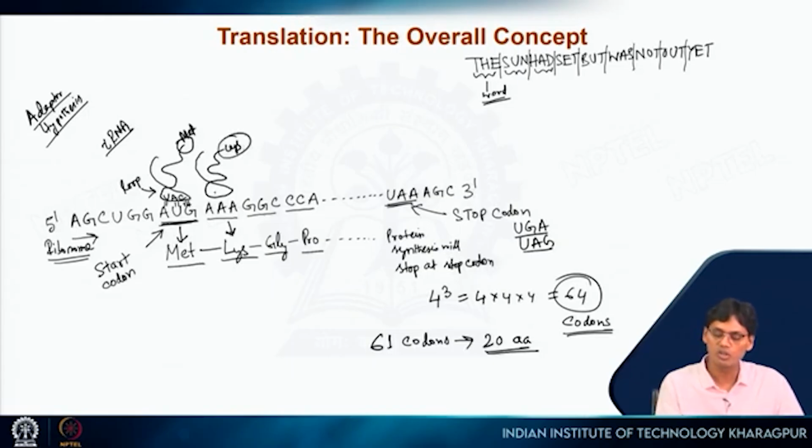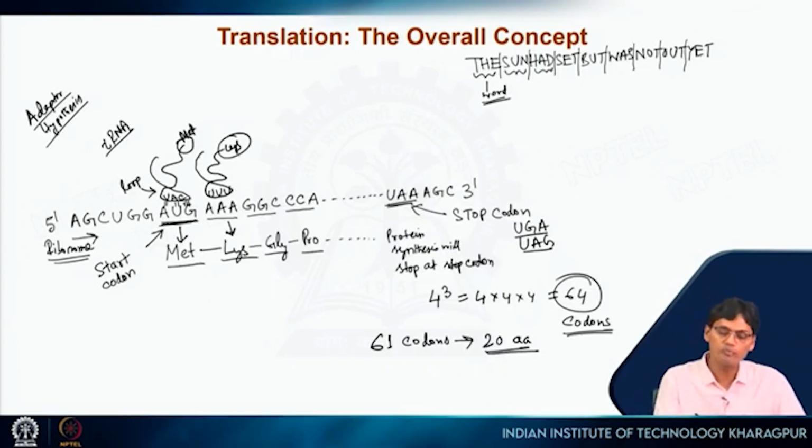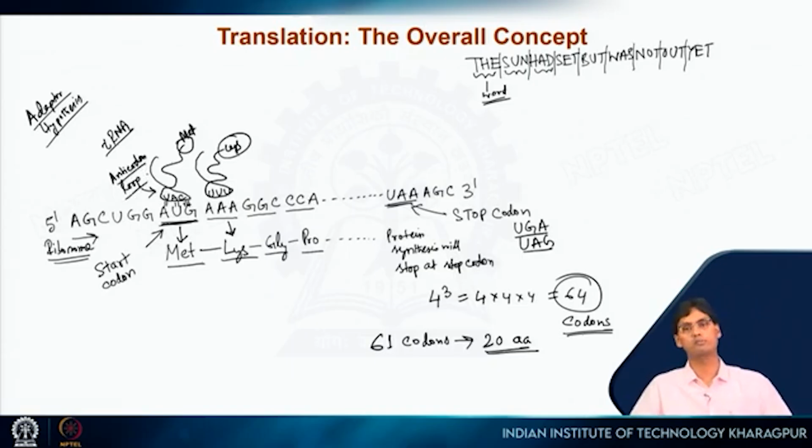So the sequence in the loop should be U, U, U, so that it can recognize this codon sequence AAA present in mRNA. Now this loop is called the anti-codon loop. Why? Because it binds to the codon sequence present in mRNA.